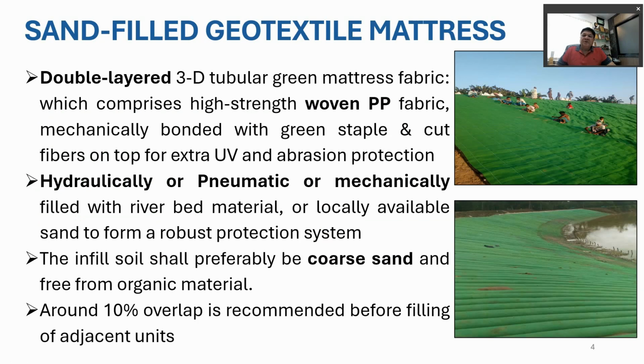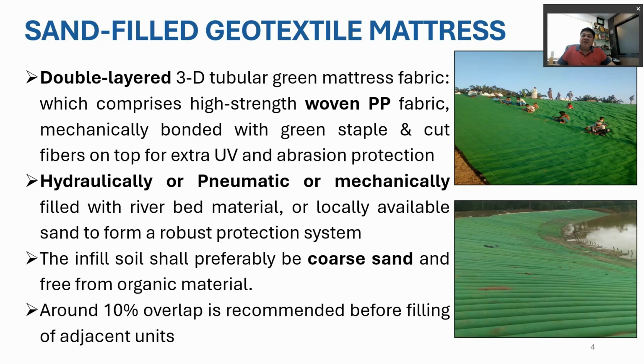So first, the sand-filled geotextile mattress. This particular product is designed considering special materials, and its construction is also different from other locally available materials. High-strength woven polypropylene fabrics are used, mechanically bonded with green staple-cut fibers for extra UV and abrasion protection against any kind of water current.